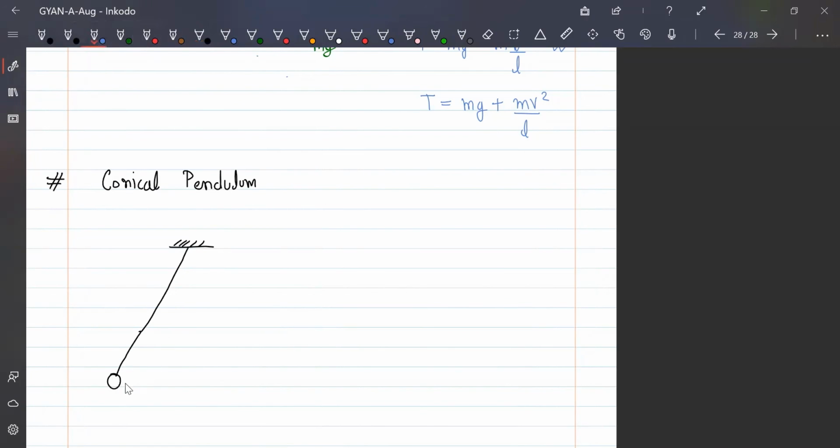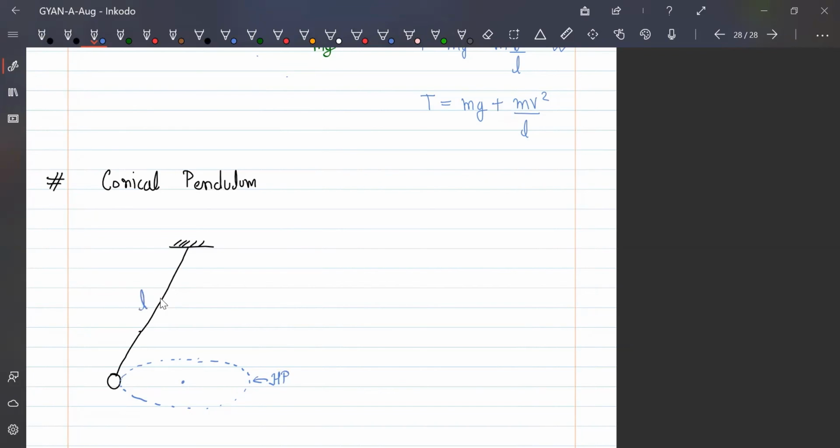Yes, you can do this at home. पंखे से एक रोप में कुछ बांध दिया and you can get a conical pendulum. So the bob is going along this path. ऊपर नीचे नहीं है, ये इस हॉरिजॉन्टल प्लेन में है.